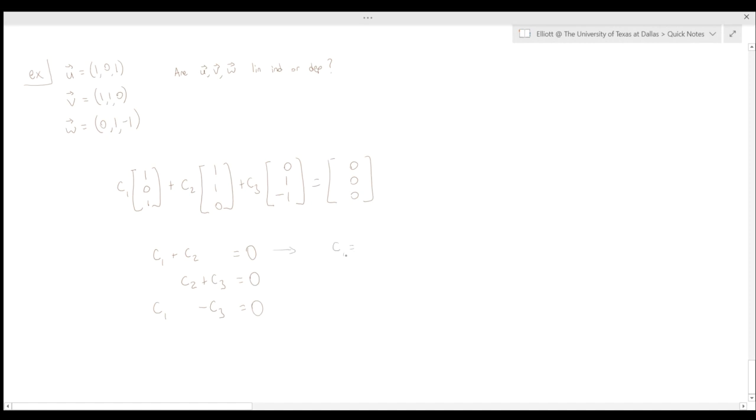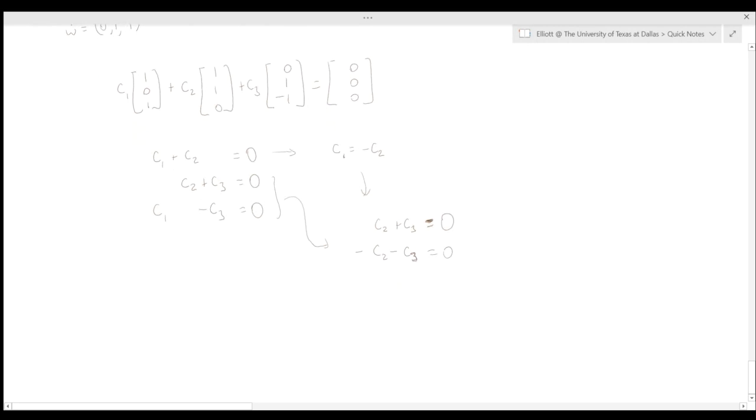Perhaps solve for C1 and plug it into these equations. In particular, I'm going to replace C1 with negative C2 in the last equation, which gives me minus C2 minus C3 is 0.